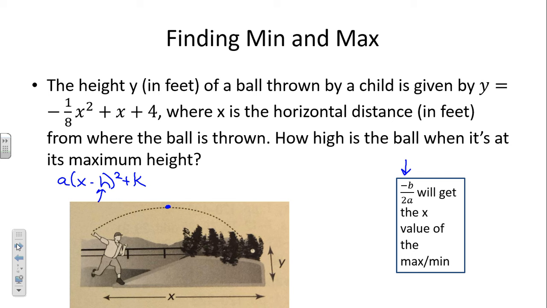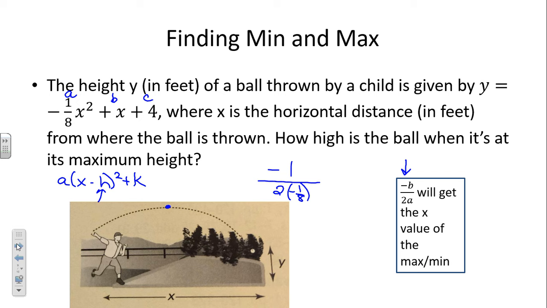This is in the other form now, right? So here's your a, here's your b, and here's your c, right? So we're going to change the sign of b and then put it over 2 times a. So we're taking that over 2 times negative 1/8.